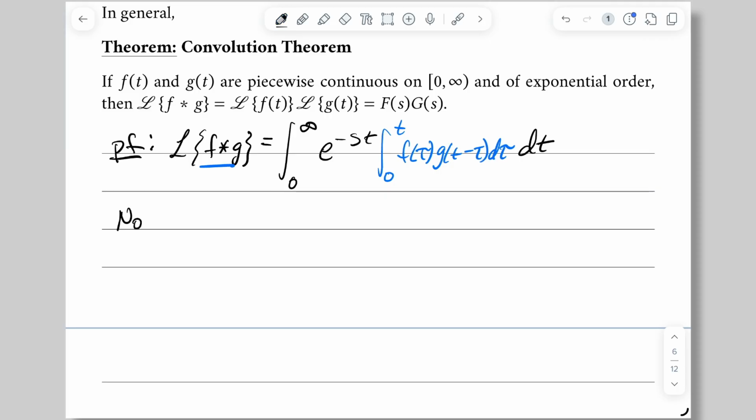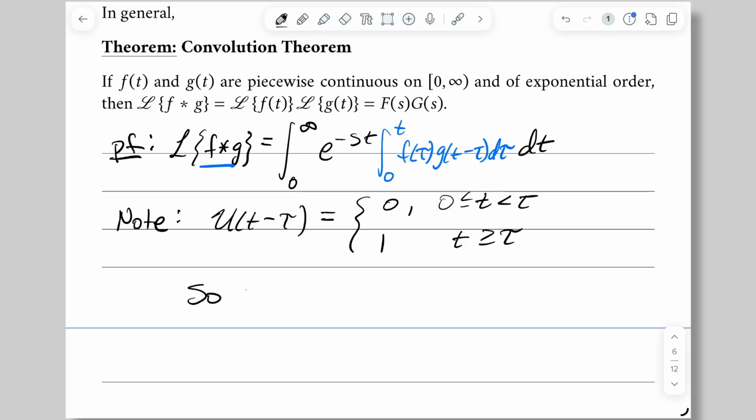Now, if that doesn't look weird enough, we're actually going to bring in the unit step function, because note that the unit step function of t minus tau is equal to, remember, the unit step function is 0 and then 1. It's 0 as long as t is between 0 and tau, and then 1 if t is greater than or equal to tau.